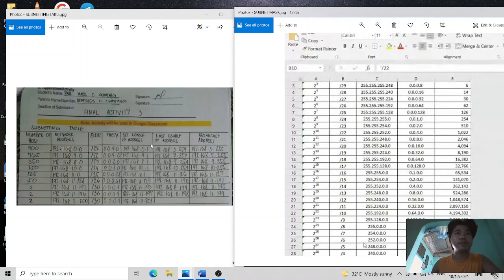Like 192.168.4.0, 192.168.4.1. Just plus 1. For the first usable, first get the network address and plus 1, then you'll get the first usable IP address.